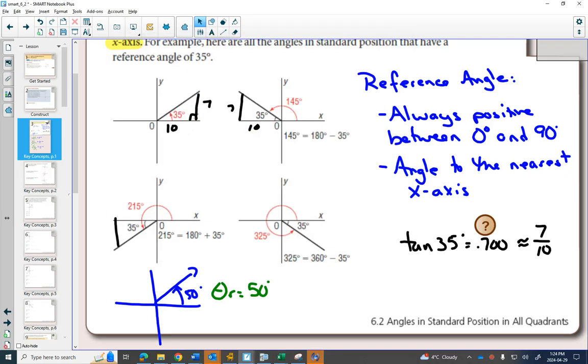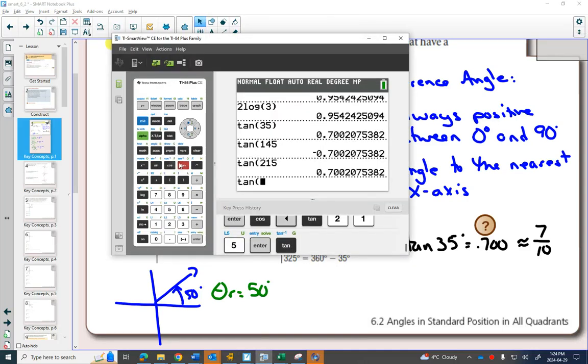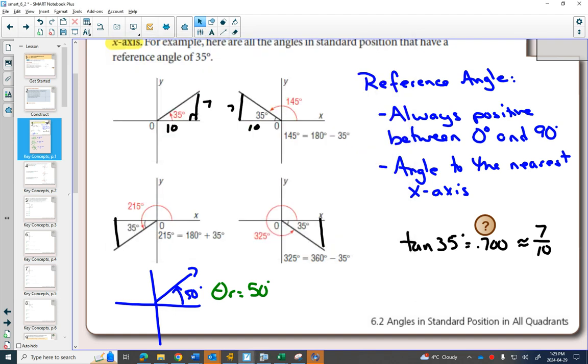And finally, if I drew the exact same triangle in quadrant 4, my calculator, again, when I type in tan of 325 degrees, I get the exact same number and negative. Which leads us to our next idea, okay?